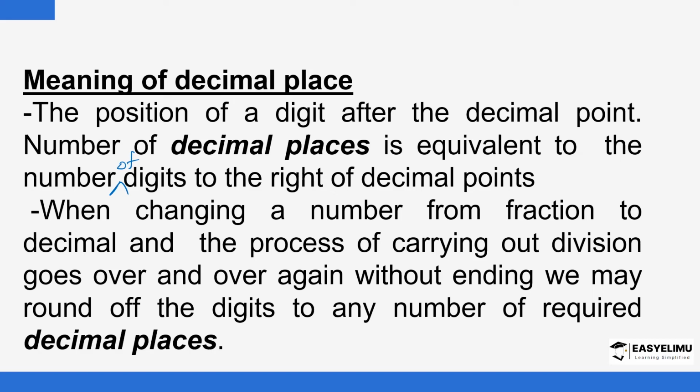If you try to change a fraction to a decimal and the division goes on without ending, then you may round off. The process of restricting the working to a given number of digits after the decimal point, we call rounding off. We're going to see how we do that. So we may round off the digits to any number of required decimal places.